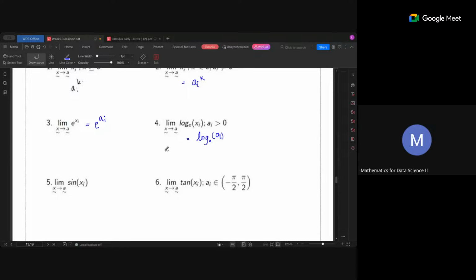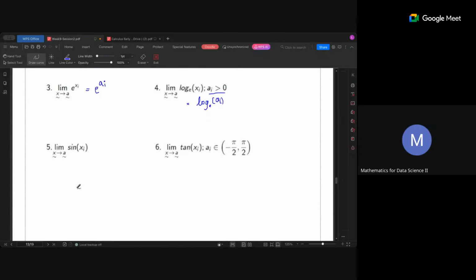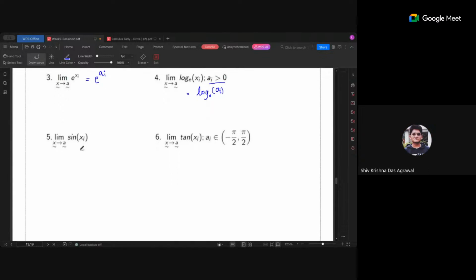Remember, here it is important that a_i is positive, otherwise it is not defined. What about this one? Sine of a_i. Here we are not considering x tilde, we are considering only x_i. This only works when the left hand limit and the right hand limit are the same.